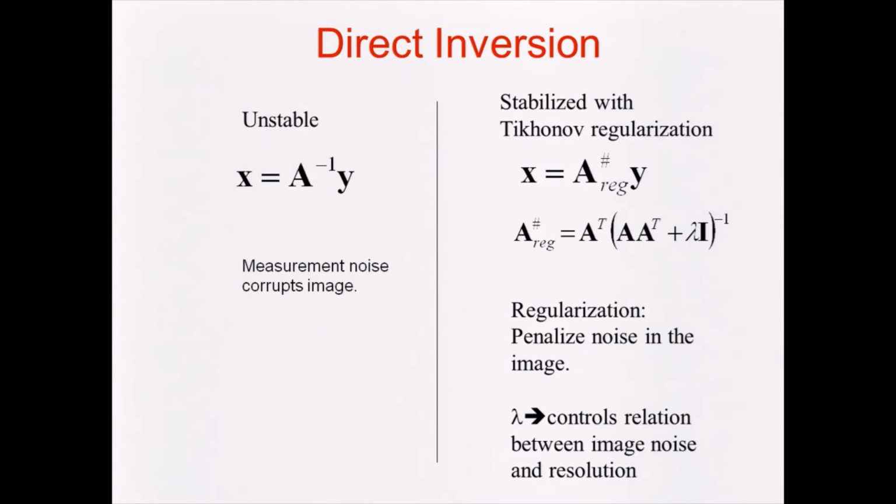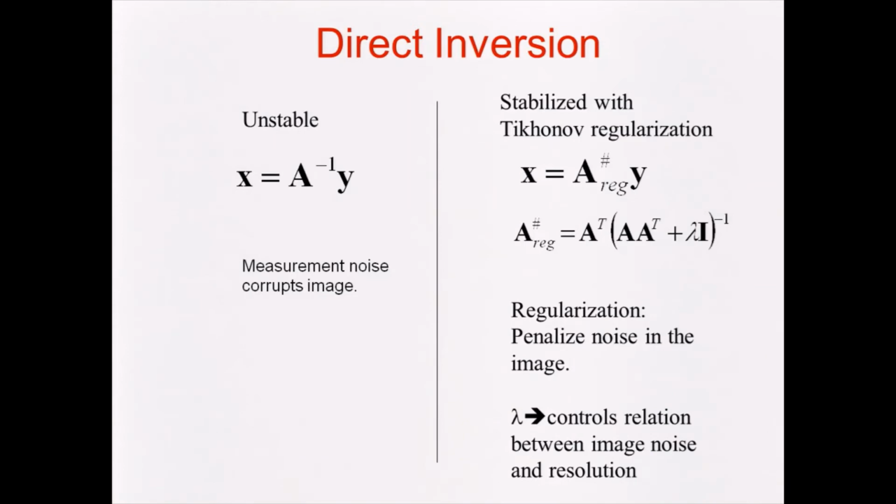So this has to be managed somehow, and the way you manage it is through a process called regularization. I'm not going to go into detail about how regularization works, but basically we have to manipulate the inversion of this matrix so that we can control noise in the image, and when we do that, that introduces a smoothing operation.